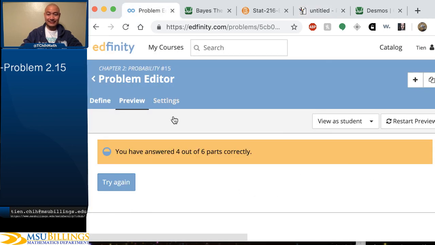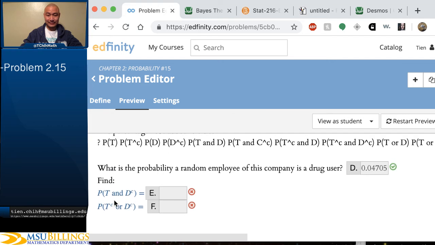And then any of these questions is just a matter of figuring out which regions of my Venn diagram satisfy these descriptions. Once you have those, you just count up the values of those regions, and you have those probabilities.